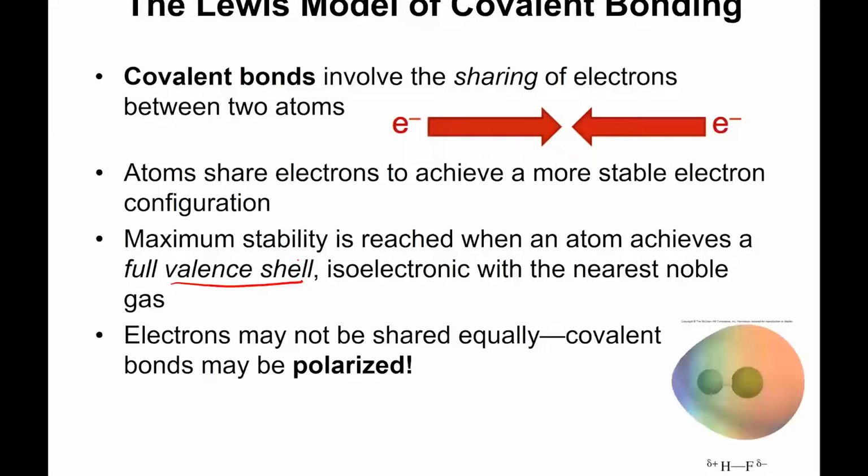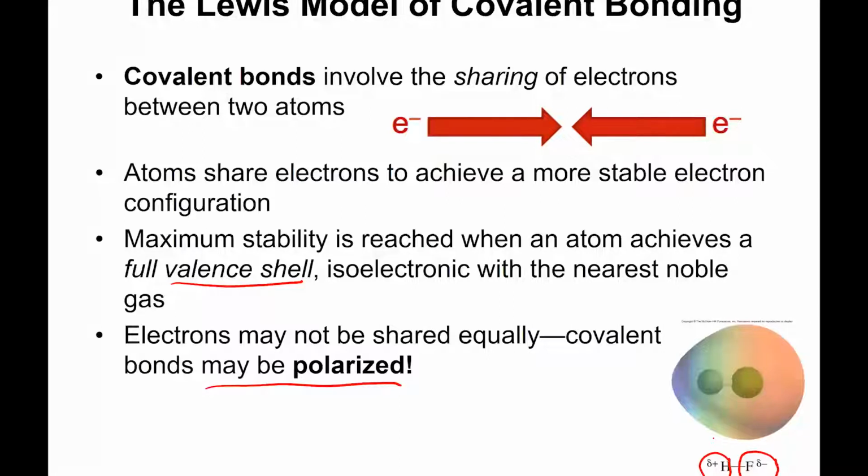Electrons may not be shared equally sometimes. So there can be covalent bonds that are polarized. An example here is hydrogen fluoride. This does not share equally, and you can see that the fluorine actually has more of the electron charge, more of the electron orbital, and the hydrogen has less.